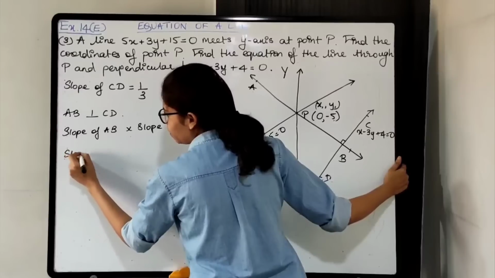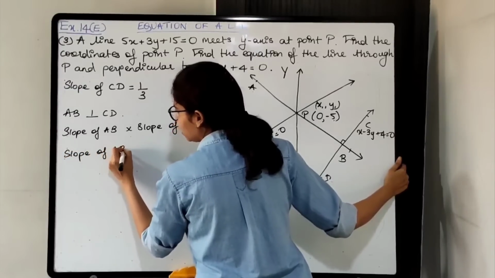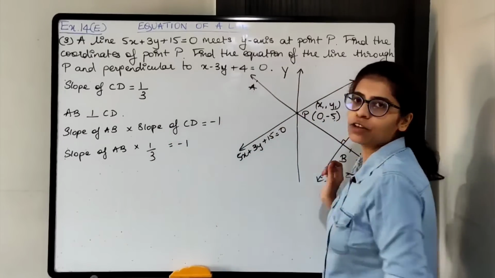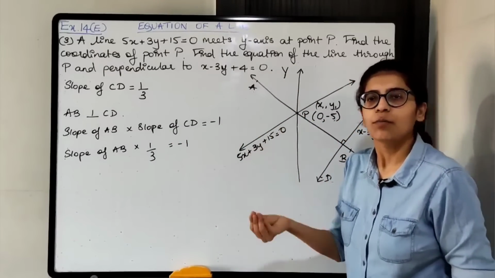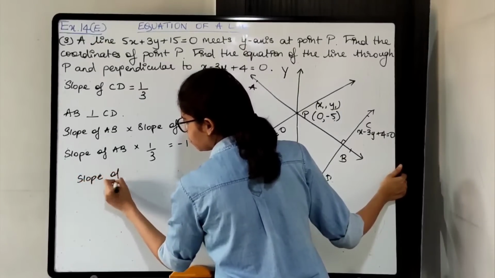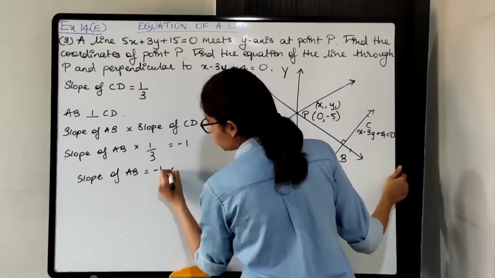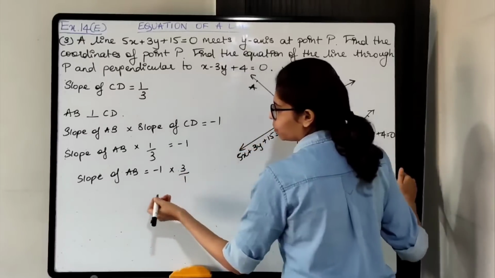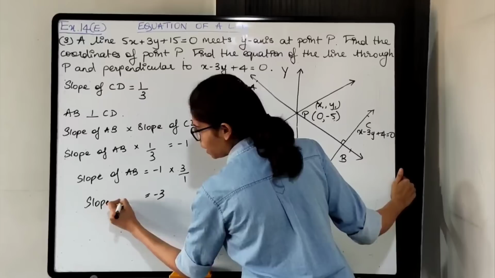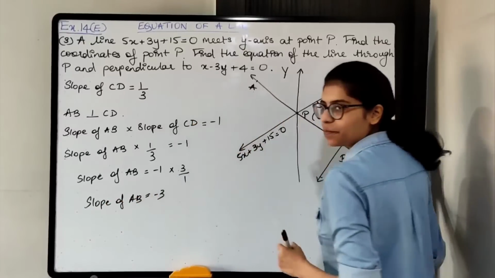So slope of AB we need to find, and the slope of CD is 1 by 3. Shifting 1 by 3 to the other side, the reciprocal becomes 3/1. So slope of AB will be -1 into 3/1, that is nothing but -3. Okay, so slope of AB is -3.